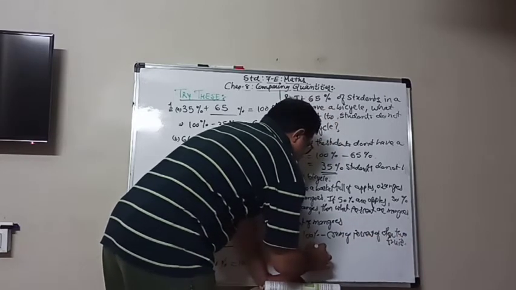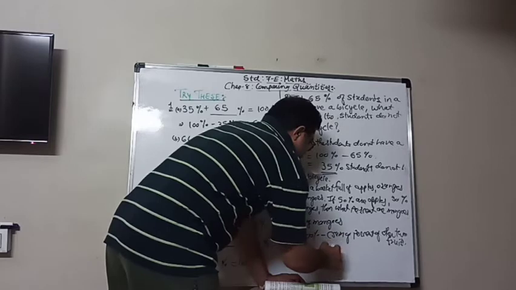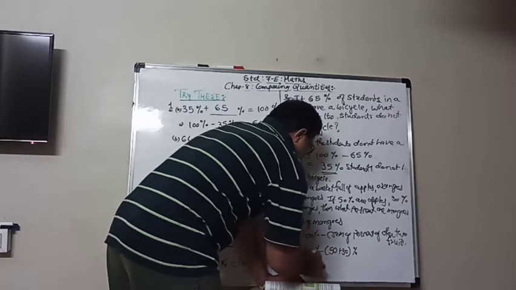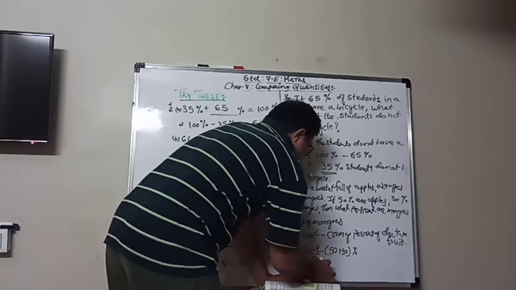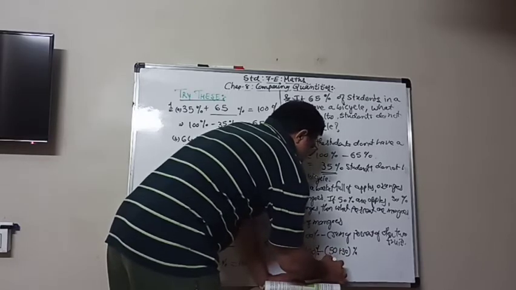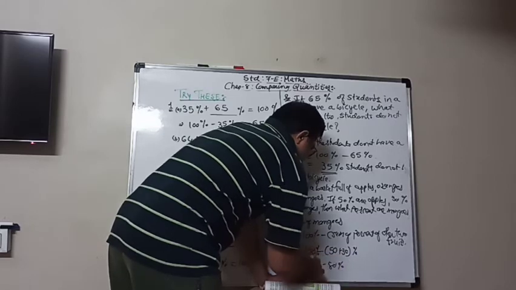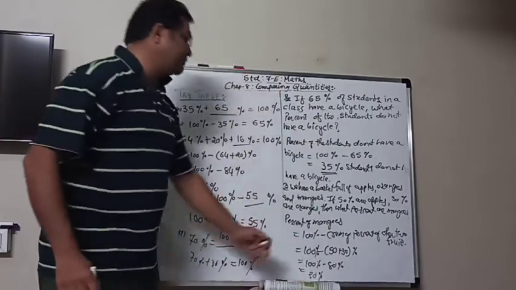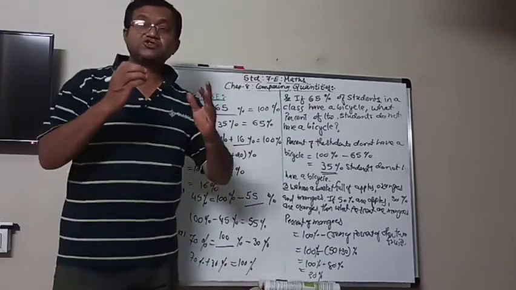That is 100 minus 50 plus 30. 100% minus, 50 plus 30 is 80%. Therefore, the answer is 100 minus 80, that is 20%.